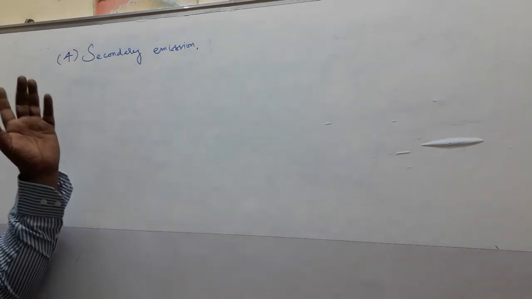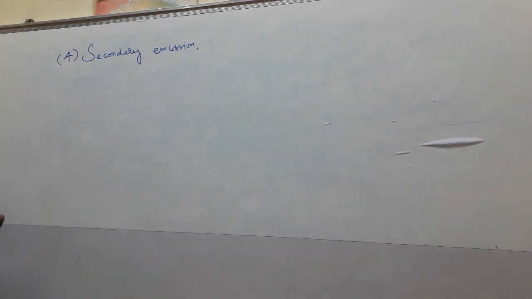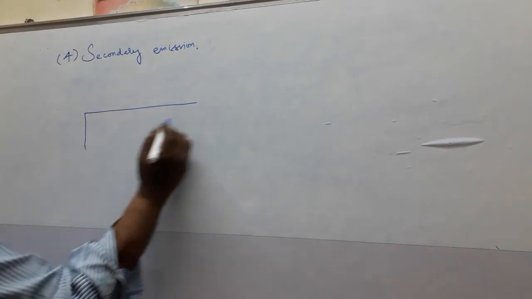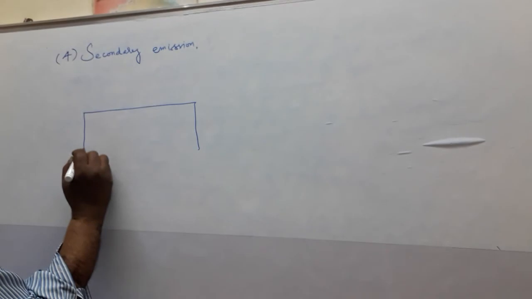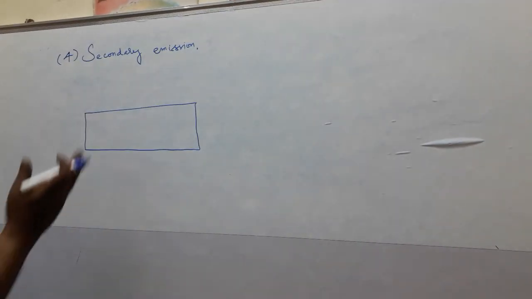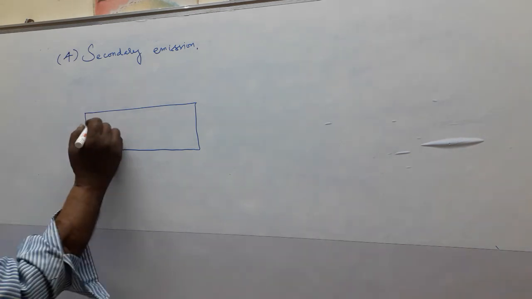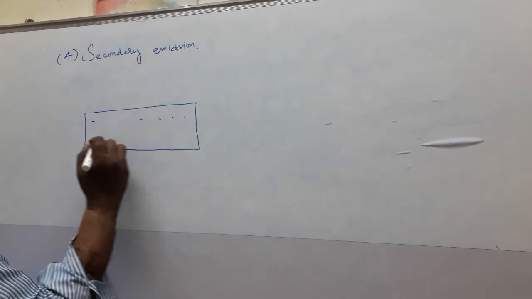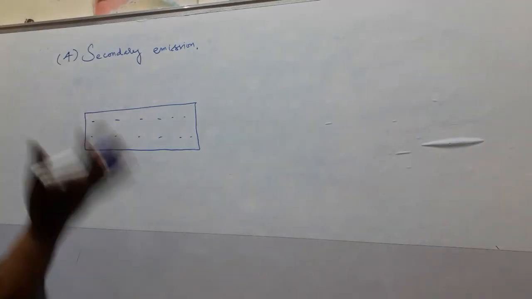Last day I already told you: if you consider any metal, then, sir, why are you always considering metal? In the metal itself, you have enormous free electrons. That's why we consider the metal surface. Inside the metals there are free electrons, which we already saw in prior classes. Now, what's our aim? Secondary emission.